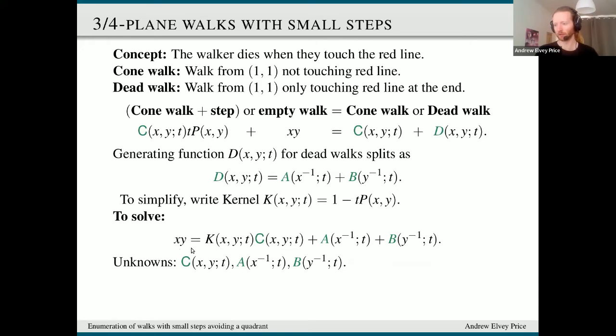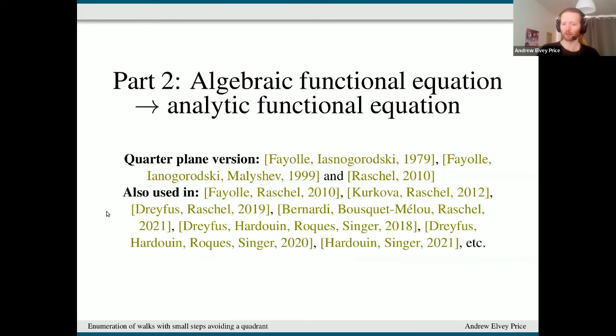And so we want to solve this equation for C, A, and B. And it turns out that the three series are uniquely defined by this equation, given that we know where they have non-zero coefficients. Okay, so that's the formal functional equation.